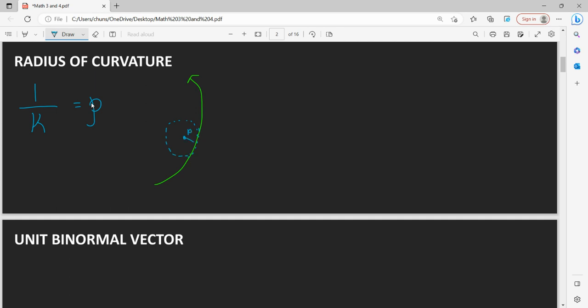So this would be rho here. Sorry, that says curve. I'll write that better.